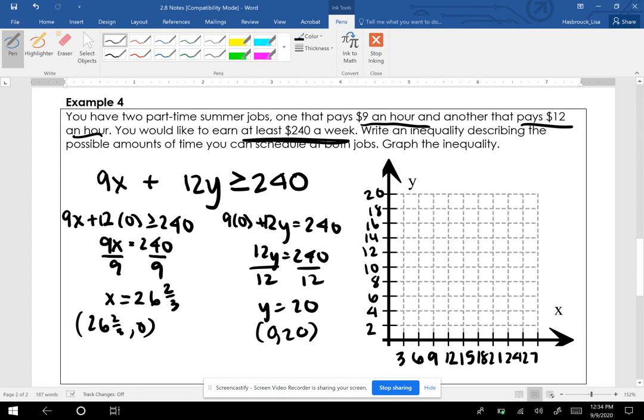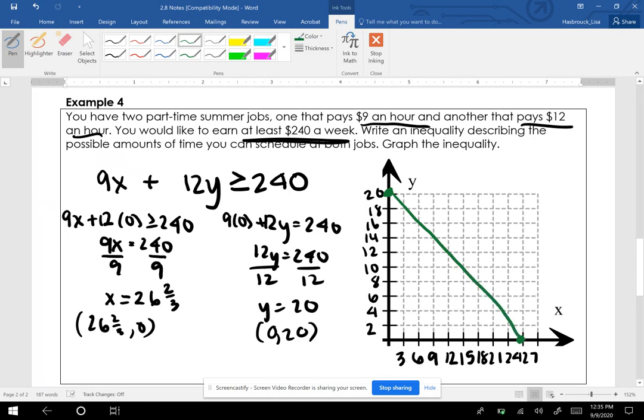So when I plot these, I'll have a dot at (0, 20), another one at (26 2/3, 0). This is a solid line between the two.